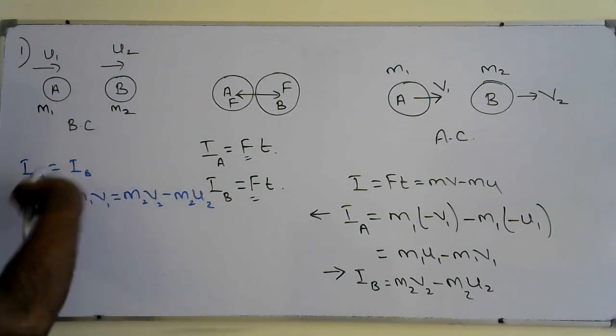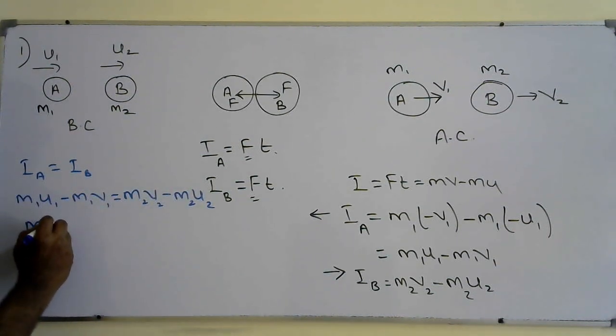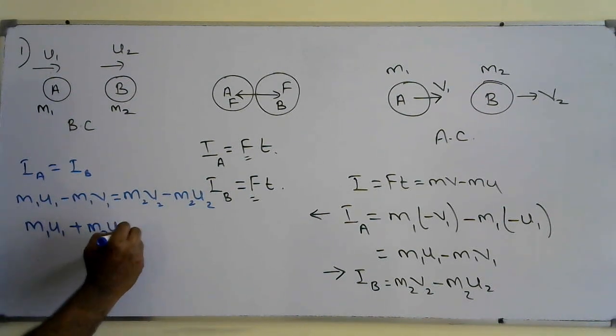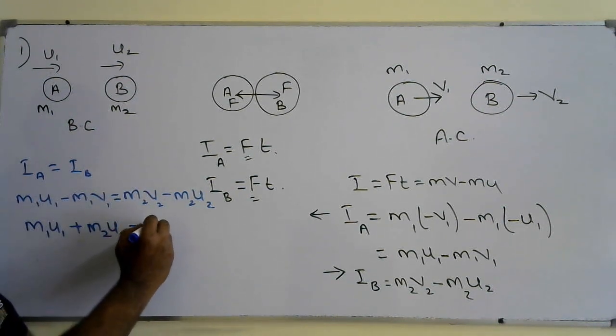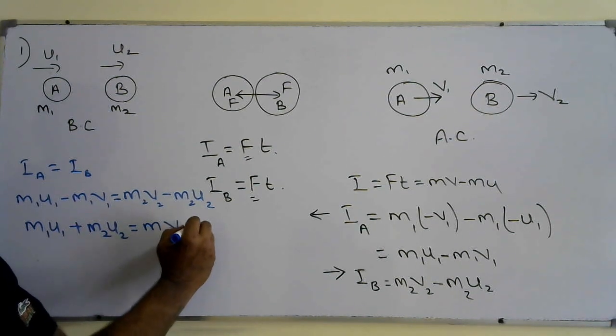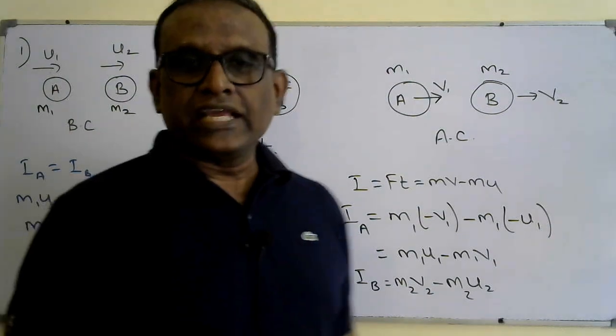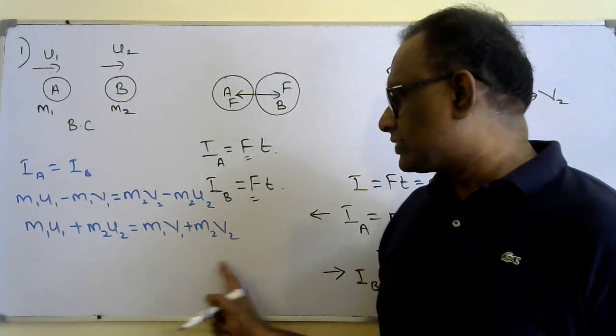Rearrange it. Bring this minus to the left. m1 u1 plus m2 u2 equals, bring it to the right, m1 v1 plus m2 v2. That's all you have related to momentum, and this we call the law of conservation of momentum.